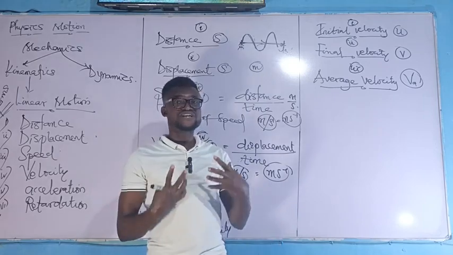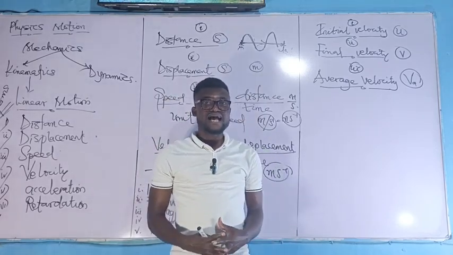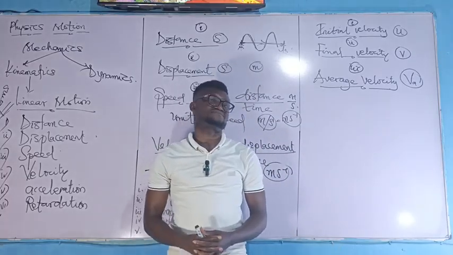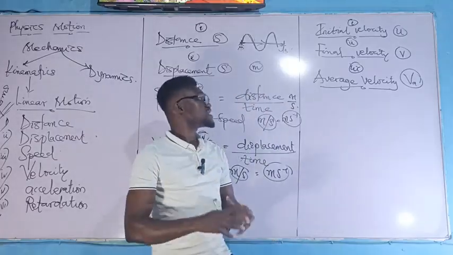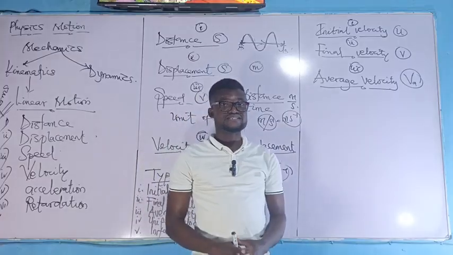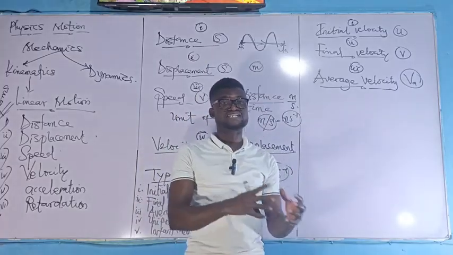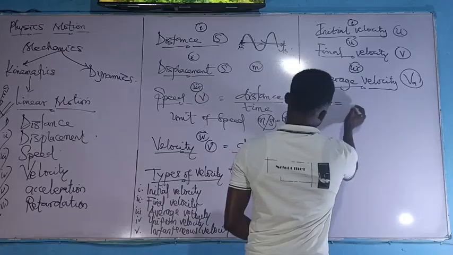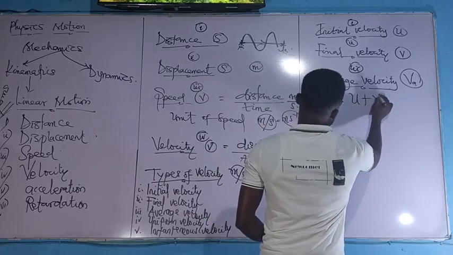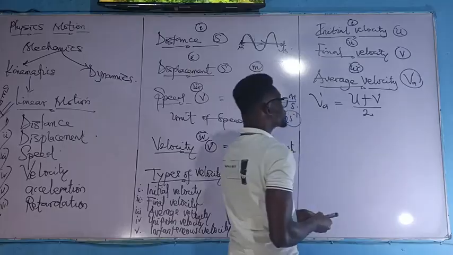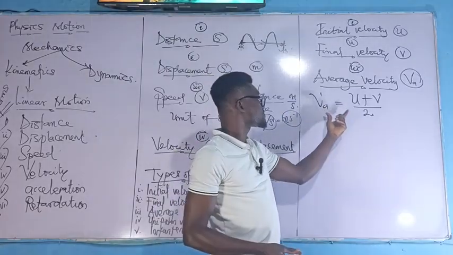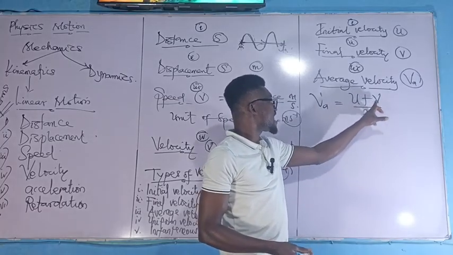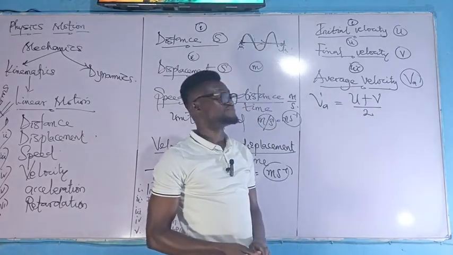Hence, we define average velocity as the mean of initial and final velocity.